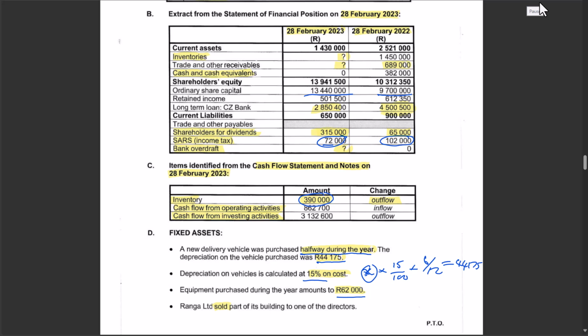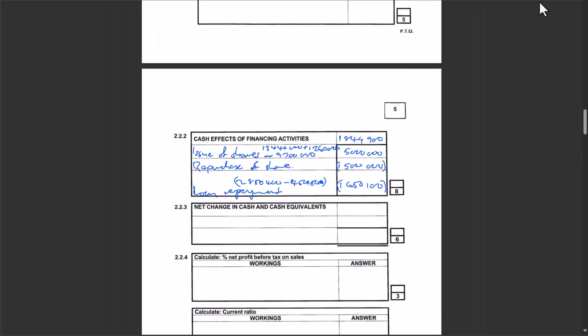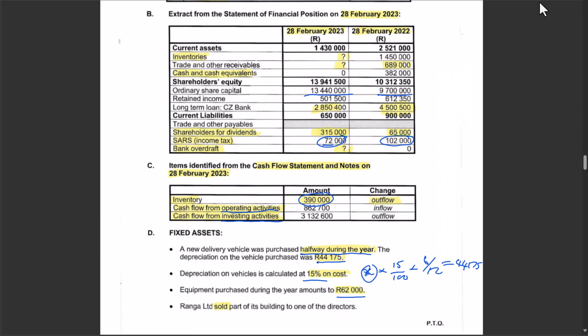You add cash flow from operating activities plus cash flow from investing activities, plus cash flow from financing activities. The one that is an outflow is negative. So cash from operating activities, say it's an inflow, that's a positive.